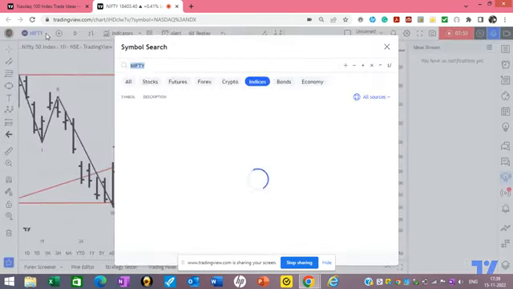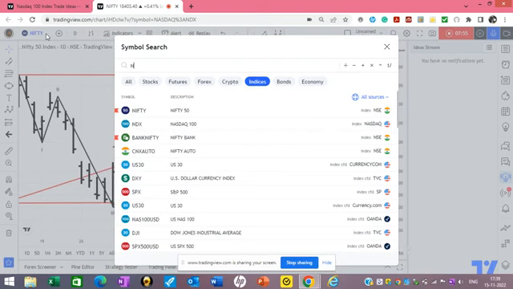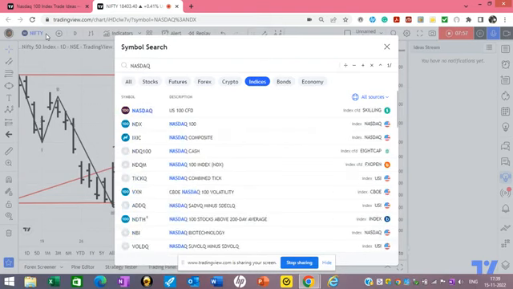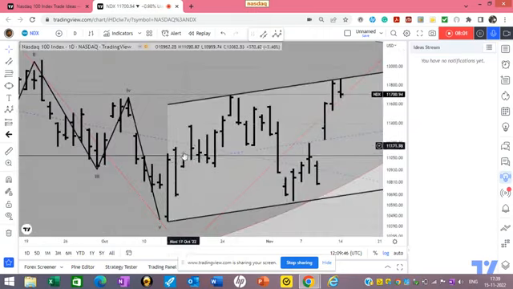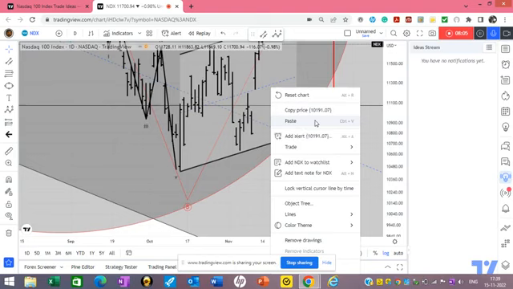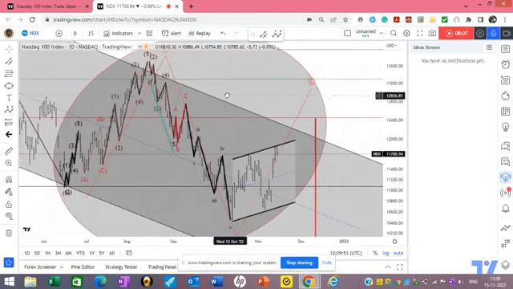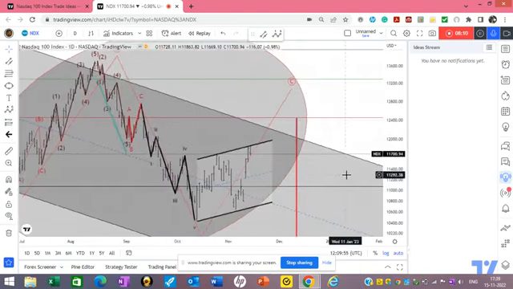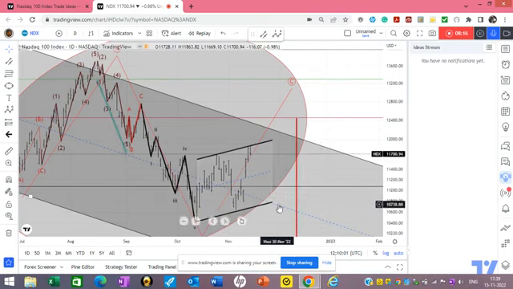Now let us come back to Nasdaq. Actually, what happens in a triangle wave, unless and until the second triangle is complete, we are unable to say that this is a triangle wave or not.